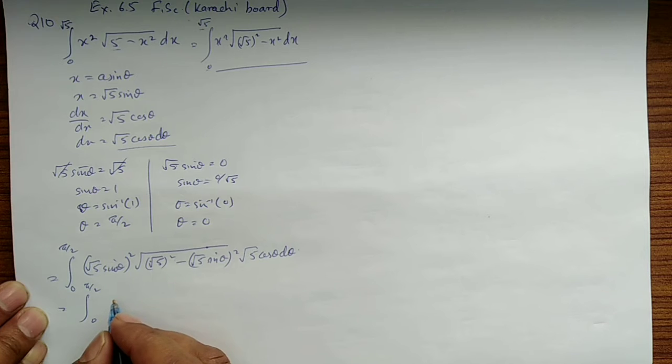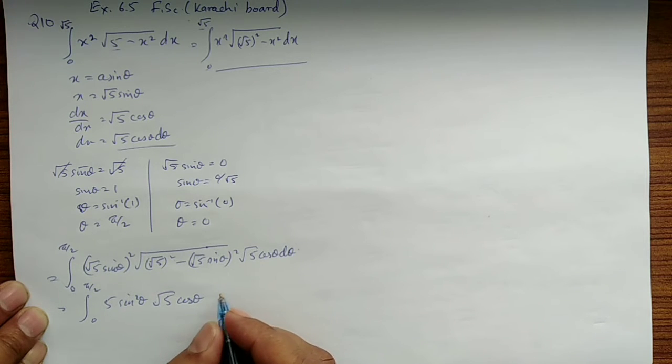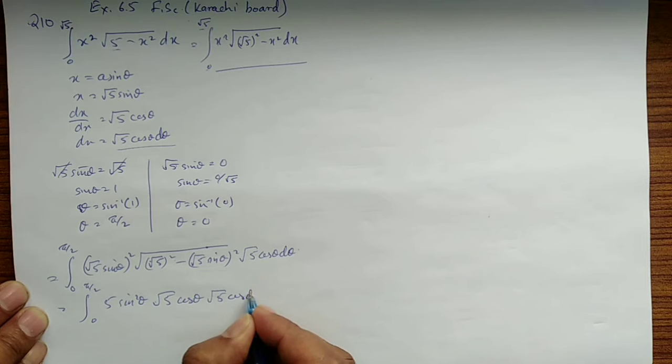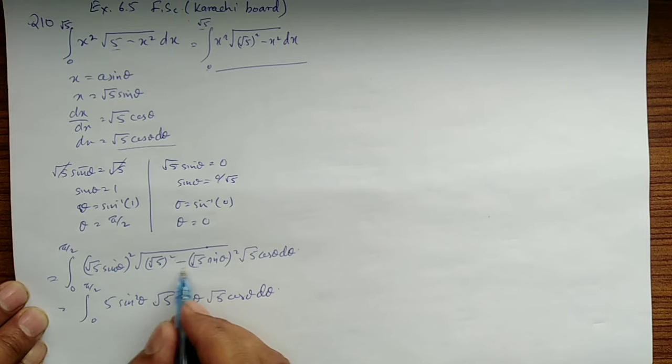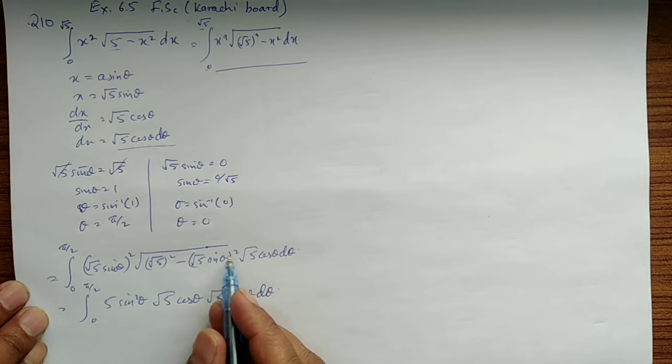So this will give 5 sine square theta, and taking this root of 5 outside, this will give me root of 5 cos theta, root of 5 cos theta d theta. If you take out this root of 5 outside, you will have 1 minus sine square inside. So 1 minus sine square will be cos square, and the square will cancel out.